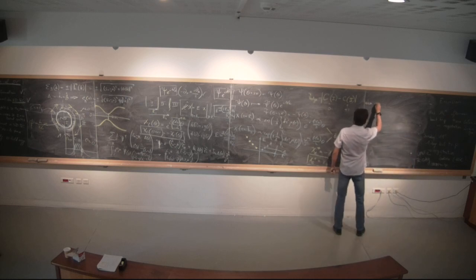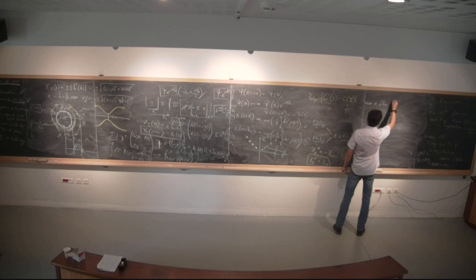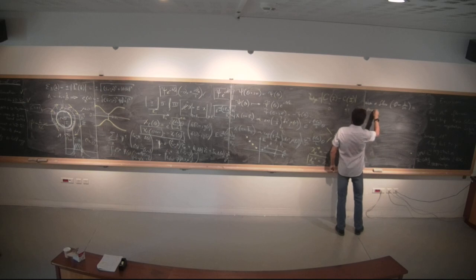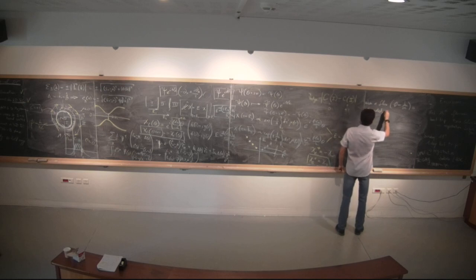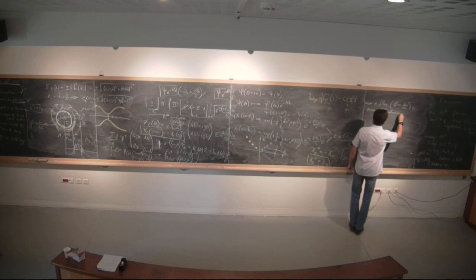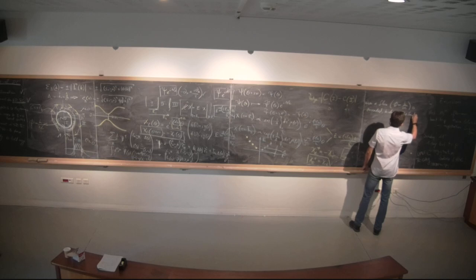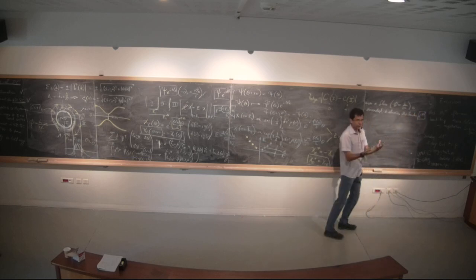So when a unit flux, so phi equal h over 2e, is threaded, it absorbs the factor e to the power i theta, because that's the vorticity of the flux.